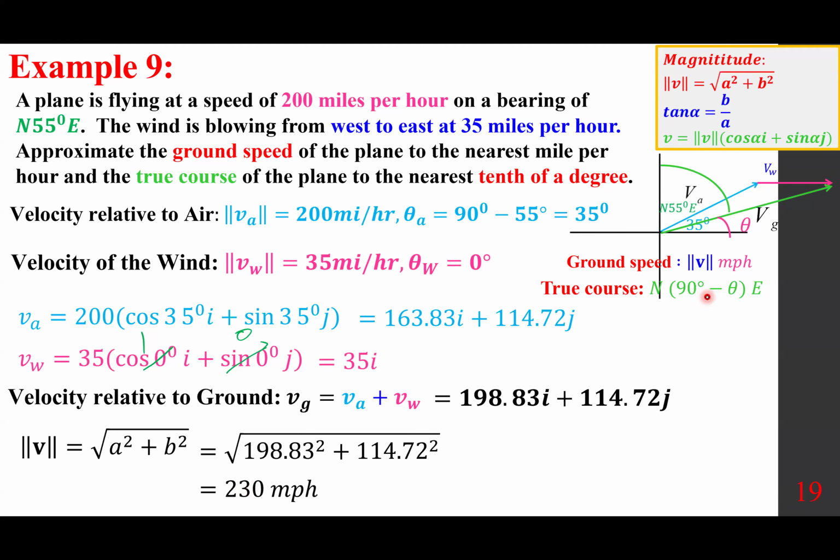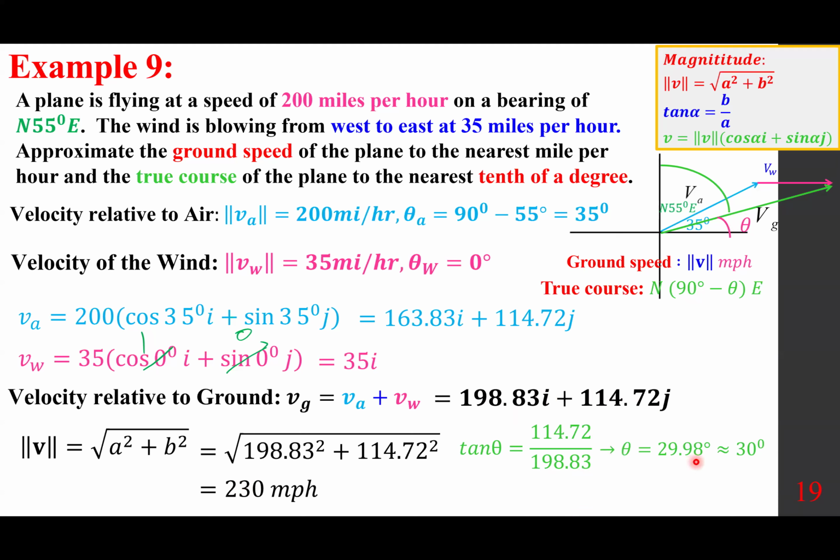Now the true course. We can find theta as b over a. So this number over this number, 114.72 divided by 198.83. So theta is the tan inverse of this number. It's in the first quadrant, and it ends up being 29.98 from the calculator, almost 30 degrees.